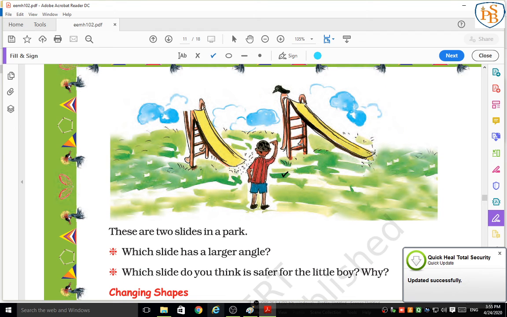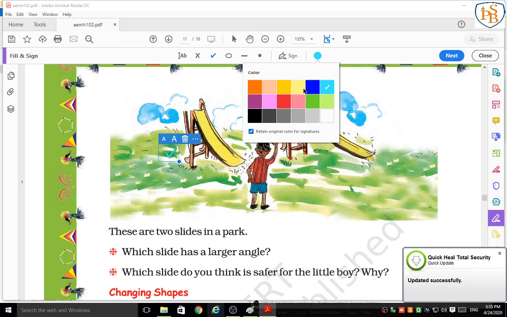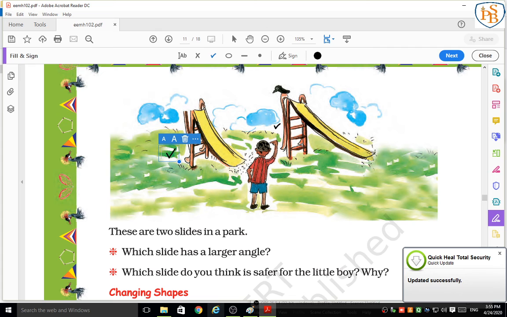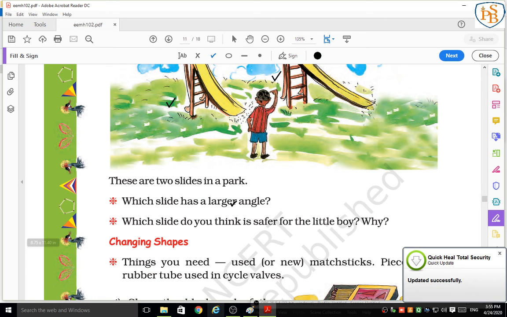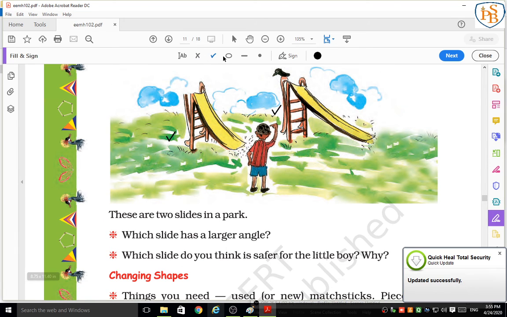Students, if you see this picture, imagine this one is of 6 books and this one of 10 books. Just imagine, okay? These two slides are in a park. Which slide has a larger angle? Can you tell me, students?